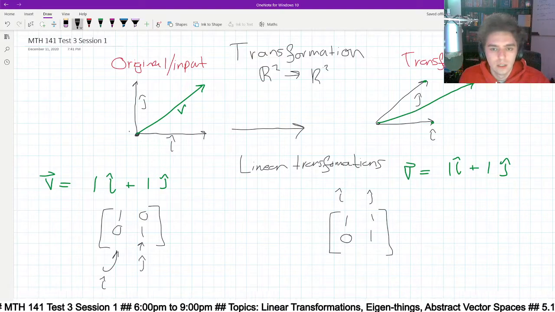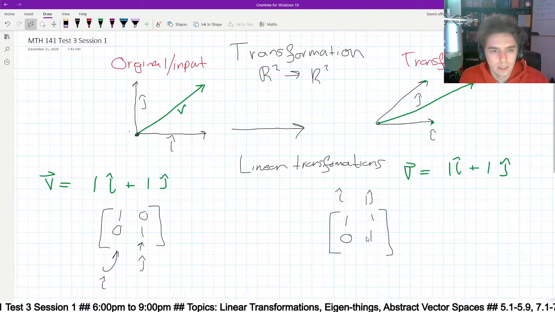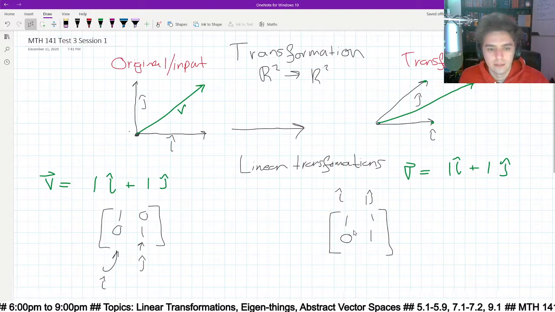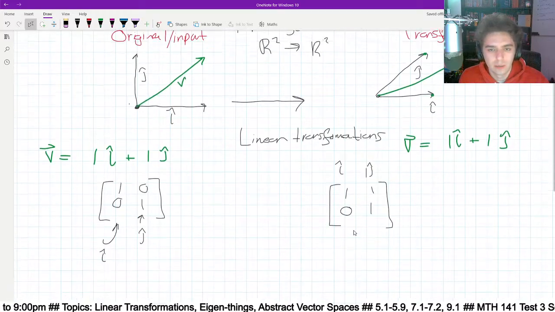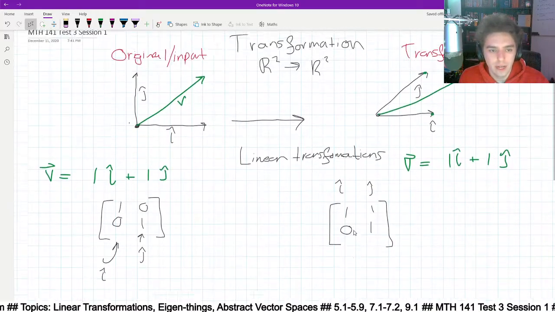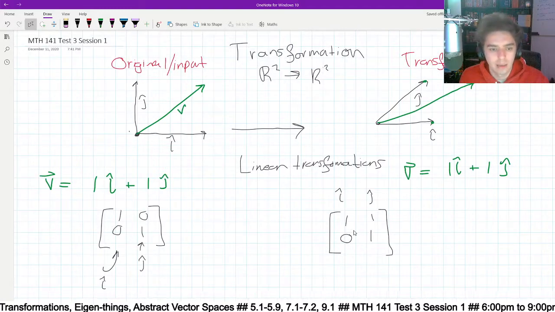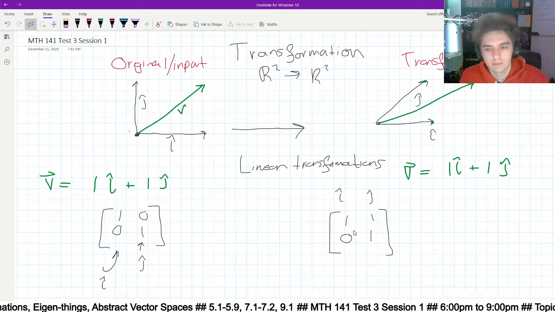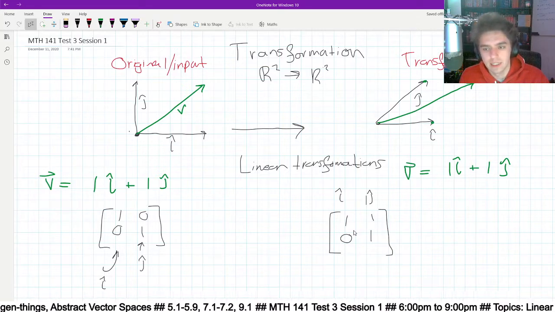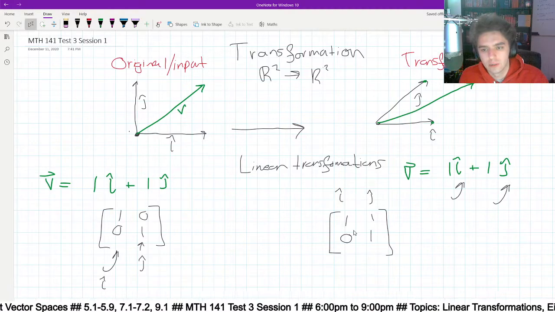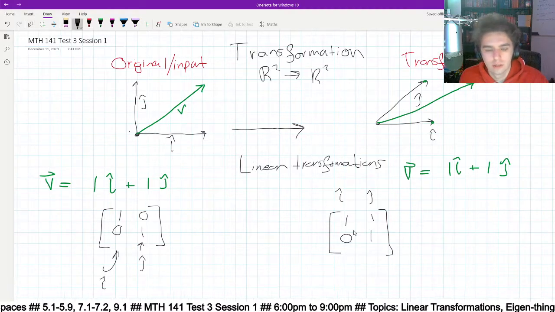Okay, what else did I want to say at the start? Linear combinations. The important thing is that linear combinations are preserved. 1 times j hat plus 1 times i hat is the same at the end here. It's just a different i hat and j hat, the transformed versions.